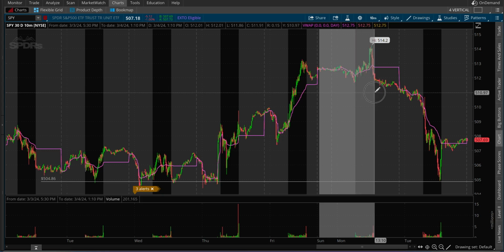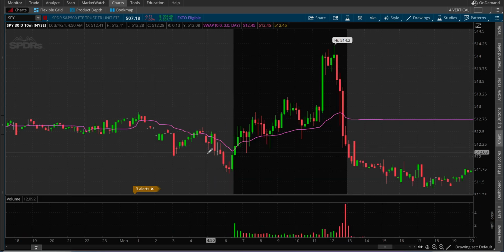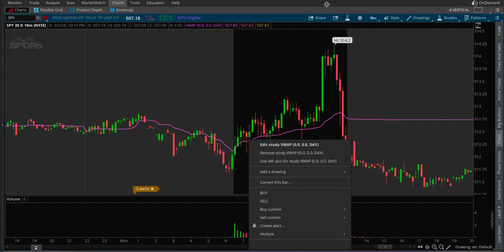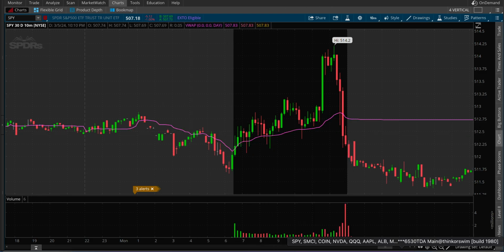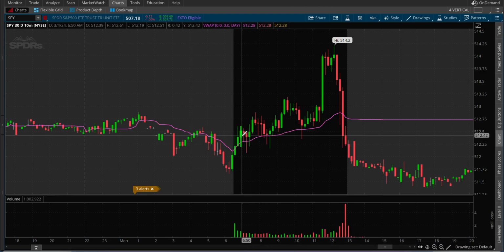So let's say this day right here, where you can see this purple line on my chart, volume weighted average price. And you can see every time price action on a 10-minute chart, I'm using 10-minute candles here, tests it after the market opens.